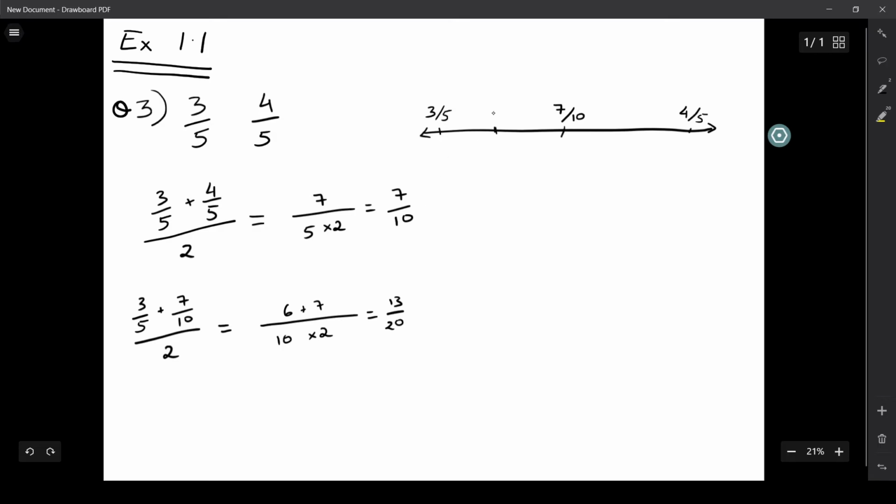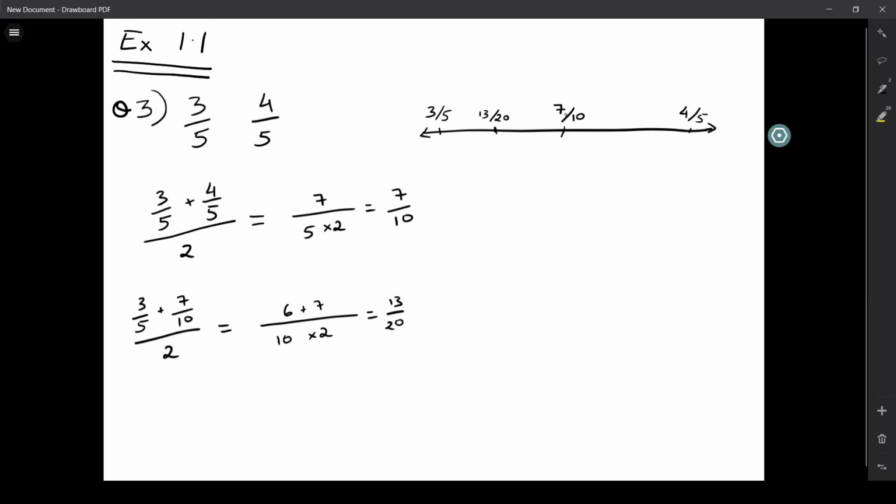This gives us the number 13 by 20, which is the midpoint of 3 by 5 and 7 by 10. And it is a rational number P in the form P by Q, where Q is not equal to 0.